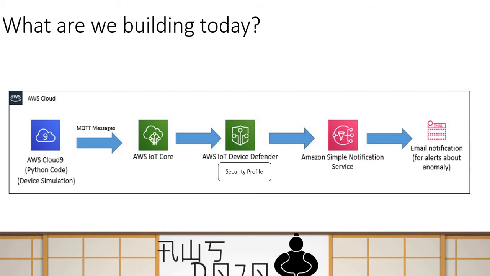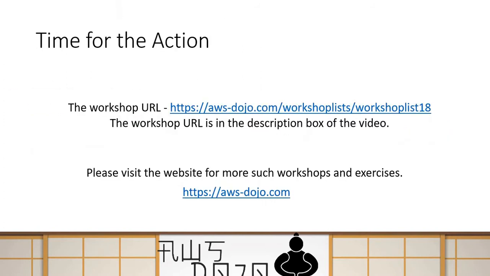In order to do this exercise, we have a workshop which has been published to our aws-dozo.com website. We have provided the URL of this workshop in the description box below. What I'm going to do next is walk you through the steps of this workshop to understand what exactly is happening, and I'll give some more context around the different types of configuration we are doing.